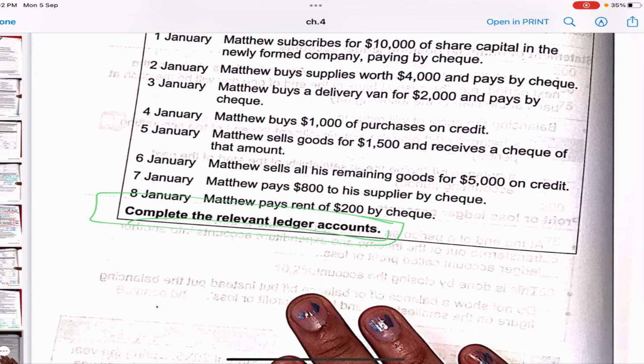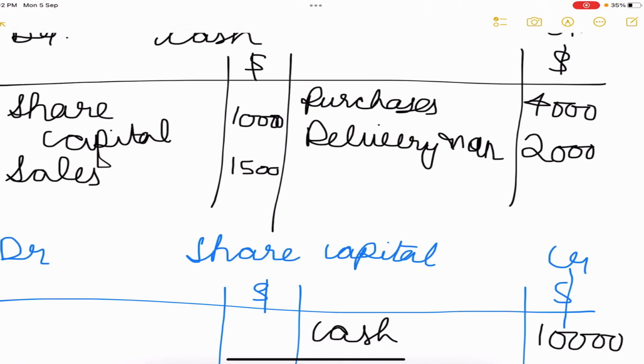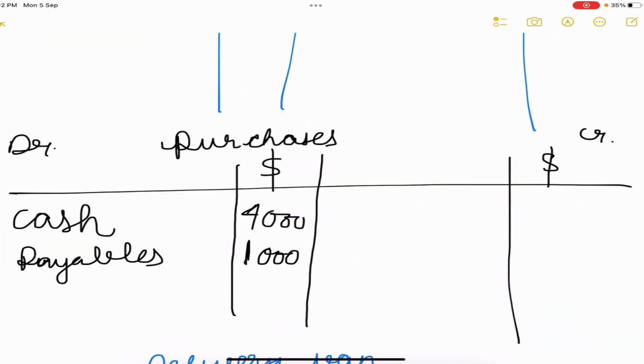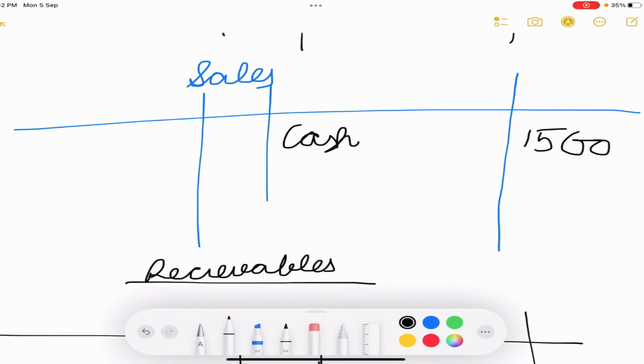Matthew sells all his remaining goods for 5,000 on credit. So sales. So this is credit. So what is credit? Receivables, right?